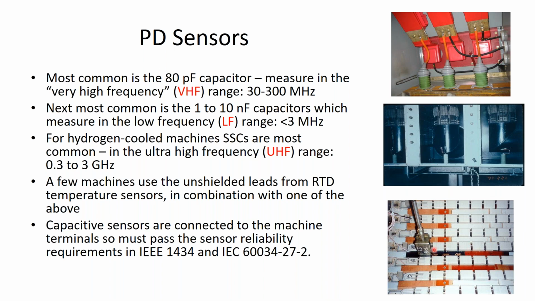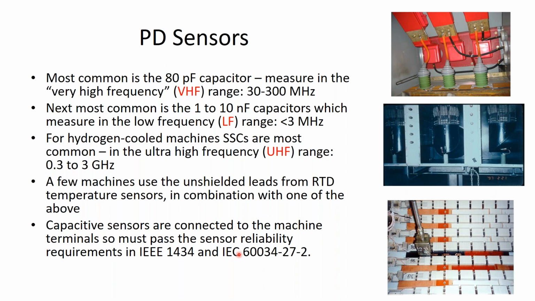There are a number of limitations with this SSC technique, because it can only be installed during a major outage where the rotor is pulled, and it's only sensitive to PD in that slot, whereas capacitive sensors can be sensitive to more broadly throughout the winding. Okay, but if you are using capacitive sensors, the IEEE and IEC have very strong guidance on tests that the vendors of those sensors must do to make sure that those capacitors don't fail in service.